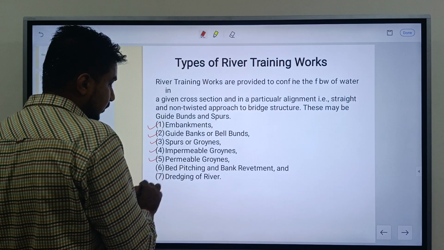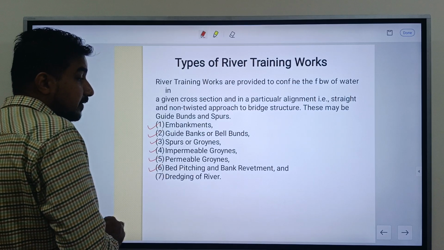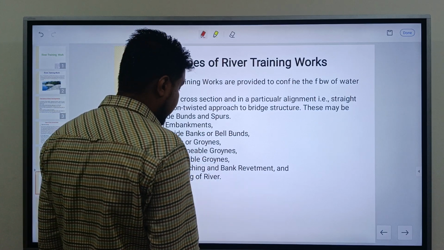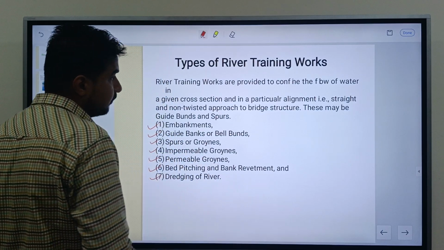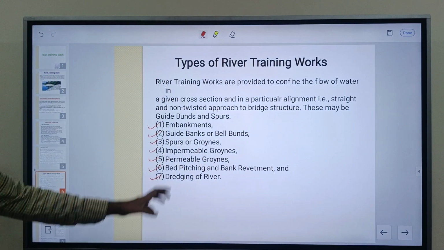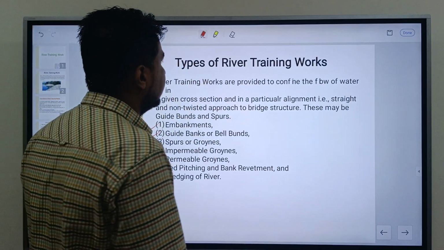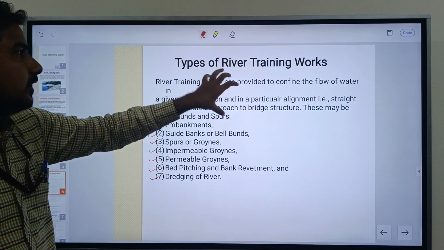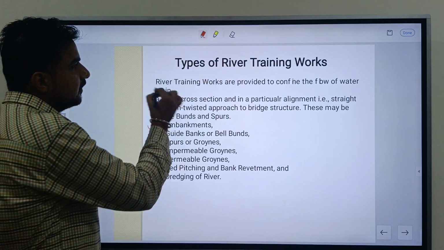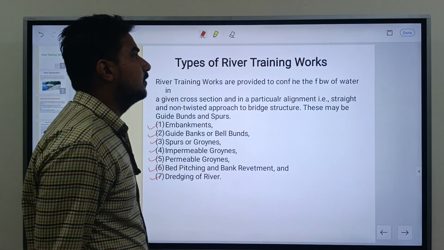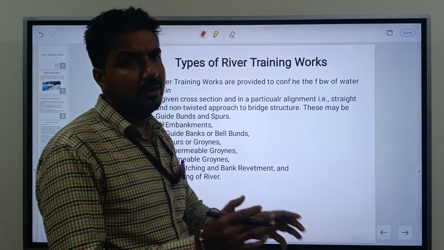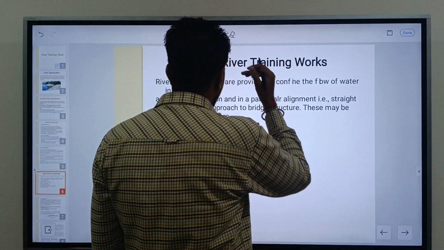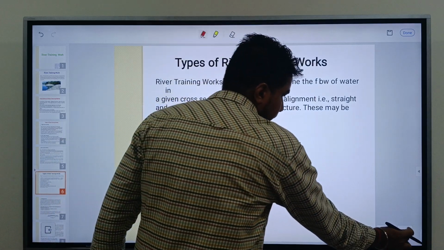The next one is permeable groins. The next one is bed pitching or bank protection and prevention of degradation of the river. So these are the 7 types of river training work. We can also call them methods of river training work, the methods we use for river training work design. One by one we will discuss them next.